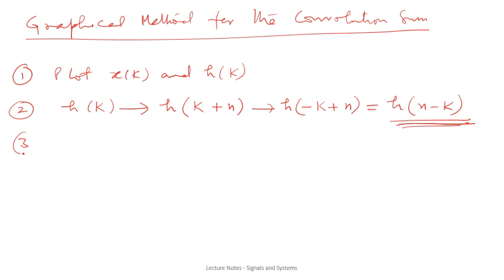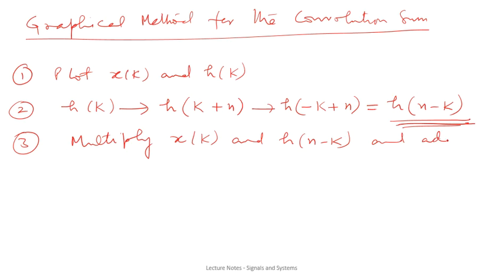Then you have to multiply x[k] and h[n minus k] and add all the products to obtain y[n].